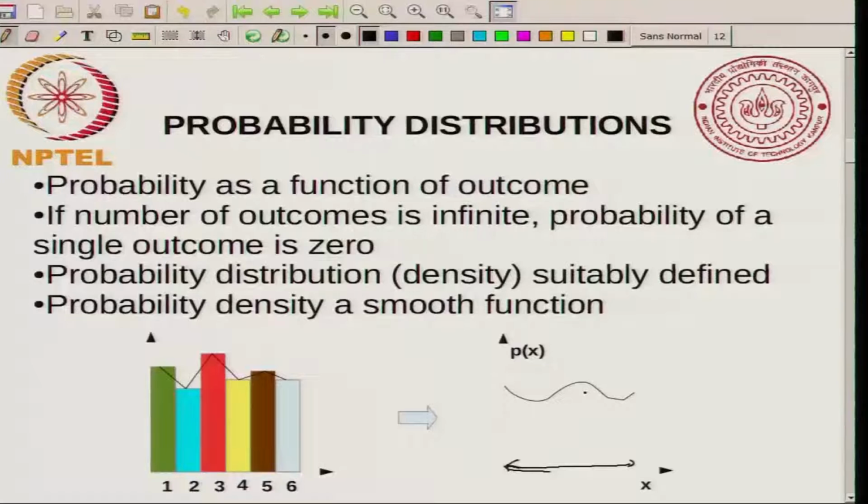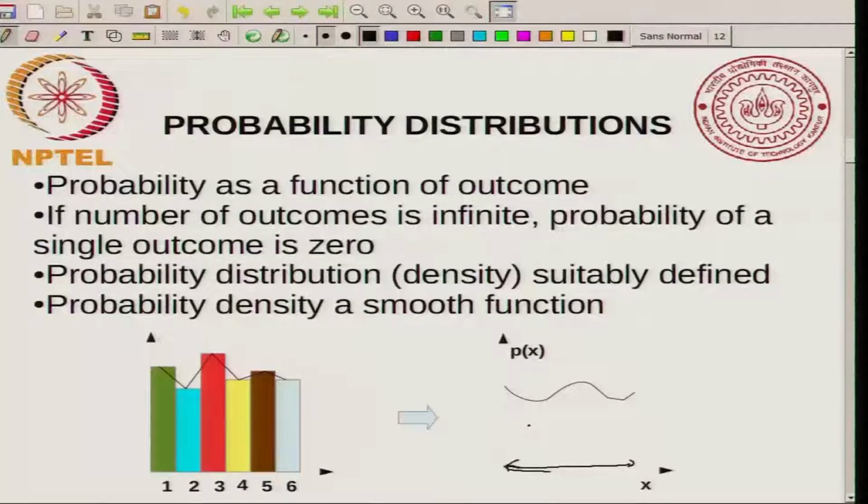This is what happens when you go from a finite number of outcomes to infinitely many outcomes, and since x can take any of these values, the number of outcomes of x is actually infinite, because x can be any real number. And what happens if you ask what is the probability of a single outcome? It turns out that is actually 0, because if you do an experiment many times, the chances that you will get a single real number is actually 0 mathematically.